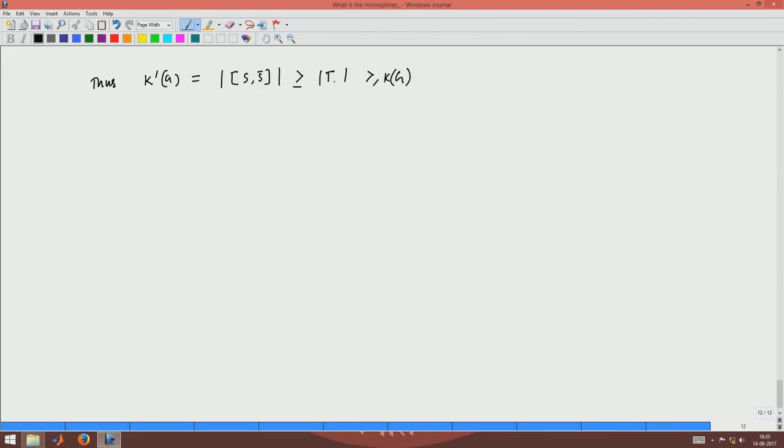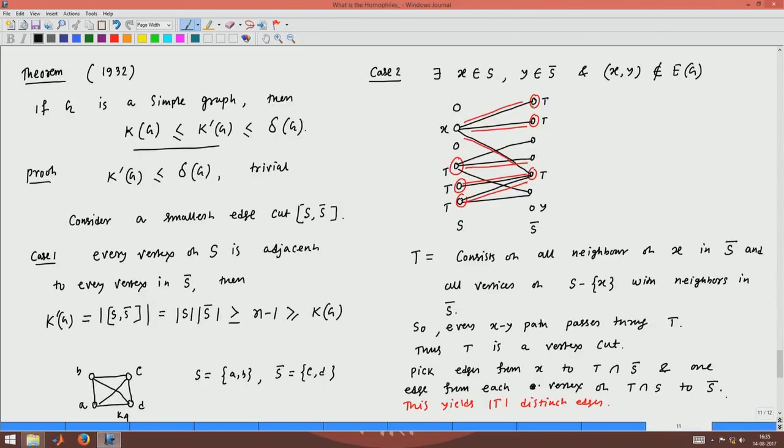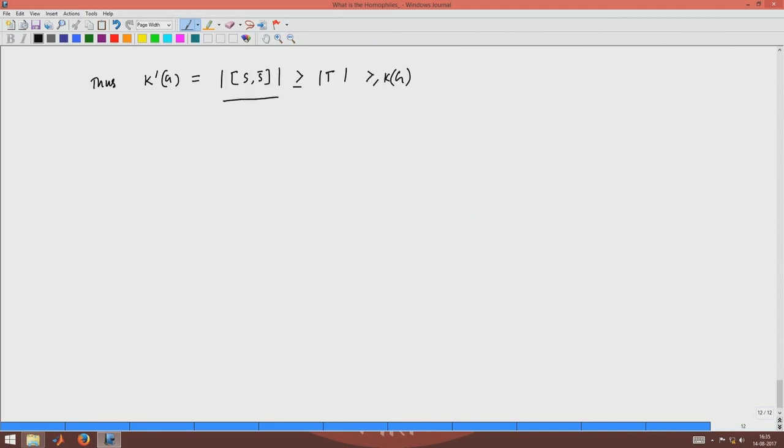So, we have constructed a vertex cut, and clearly you can see in the previous example, this set of vertices can disconnect x and y, but the number of edges between S and S complement is larger than the cardinality of T. The size of this cut is the edge connectivity, which is larger than the vertex connectivity.